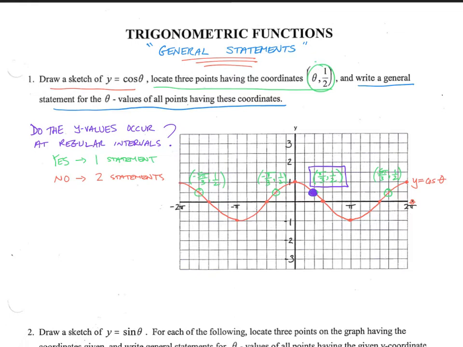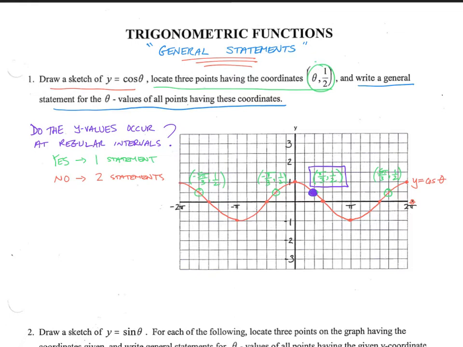I want us to notice that the distance between that point and the next time that we hit that value going in one direction, versus the next time that we hit that value going the other direction, it's not the same distance away. That one distance is longer than the other, and so our answer in this question would be no.